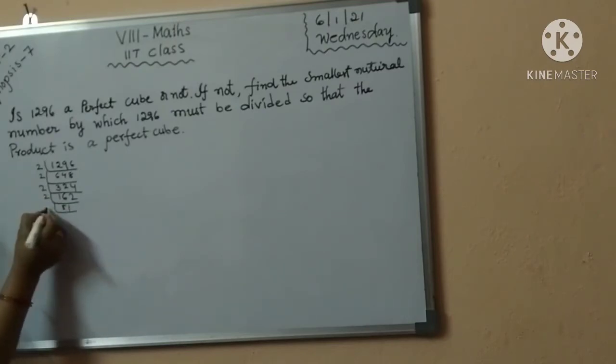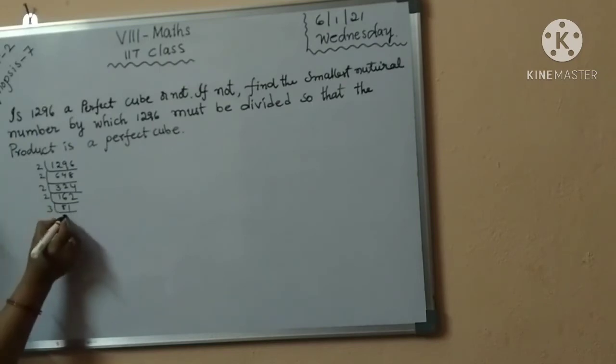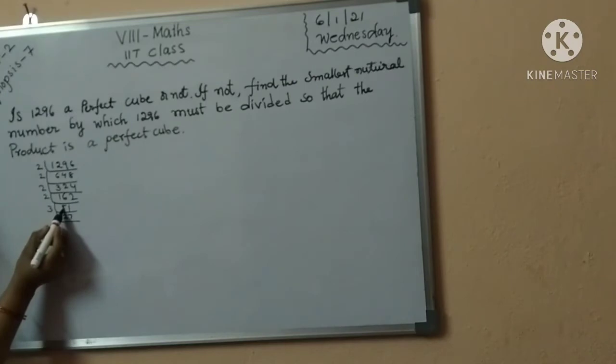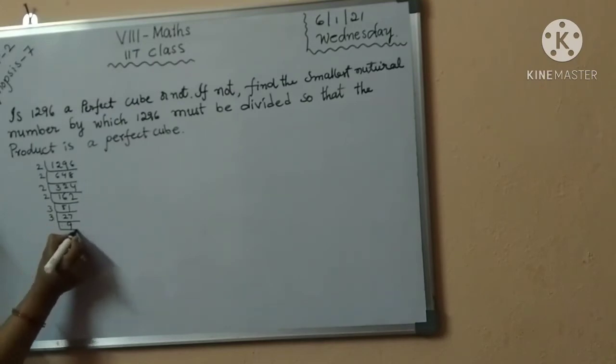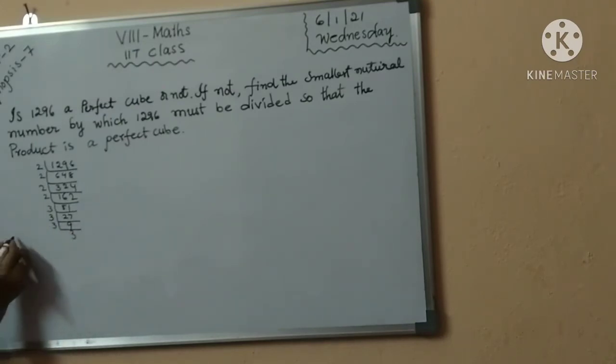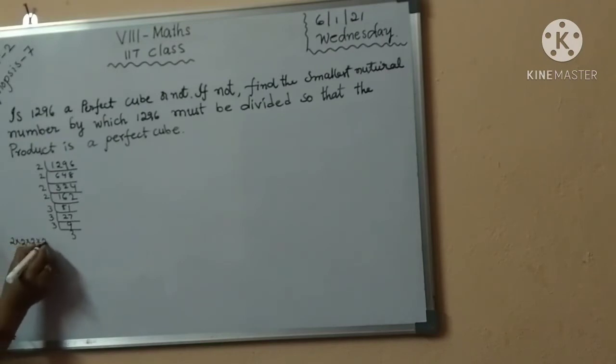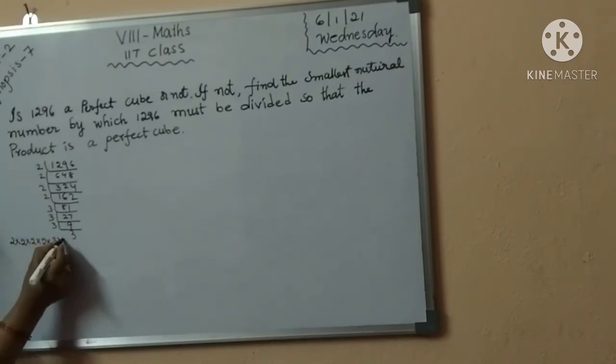Now start the 3 table. 2 3s are 6, 7 3s are 21, 9 3s are 27, 3 3s are 9. So write the factors: 2 into 2 into 2 into 2, and 3 into 3 into 3 into 3. That is 4 2s and 4 3s.